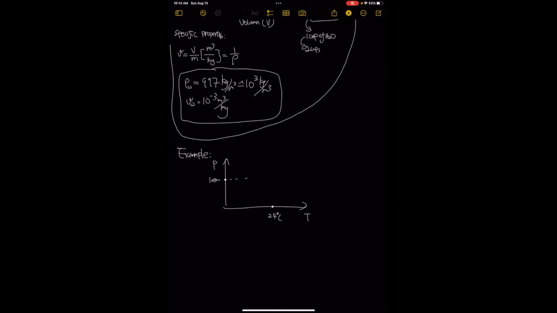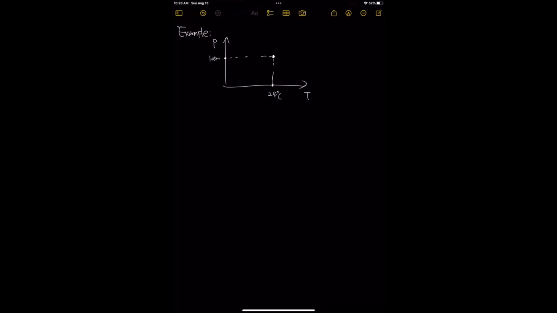So if you know those two properties, you can draw a line, and the cross-section dot here is the state of this room, right? Okay, I found this on the web. Typically those two properties describe a state in thermodynamic space.